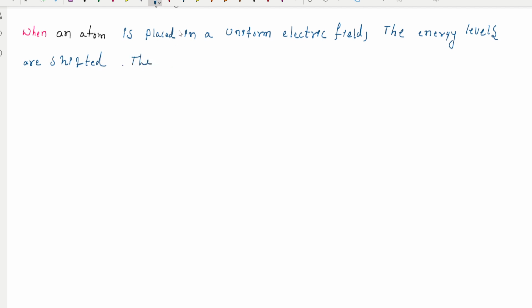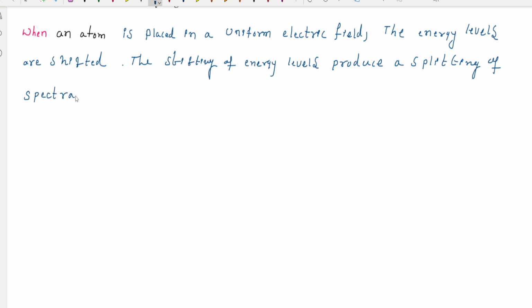The shifting of energy levels produce a splitting of spectral lines called Stark effect.